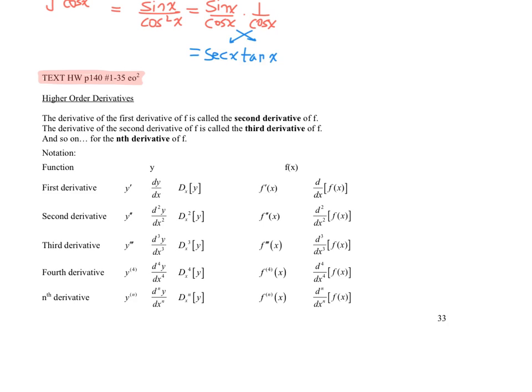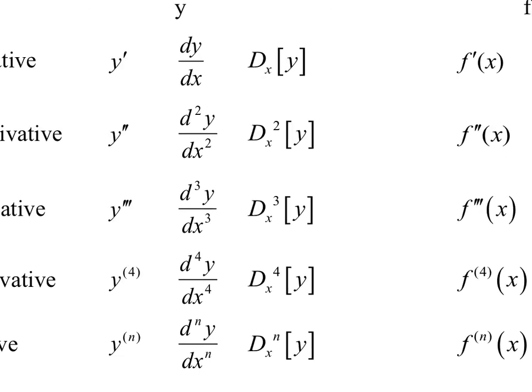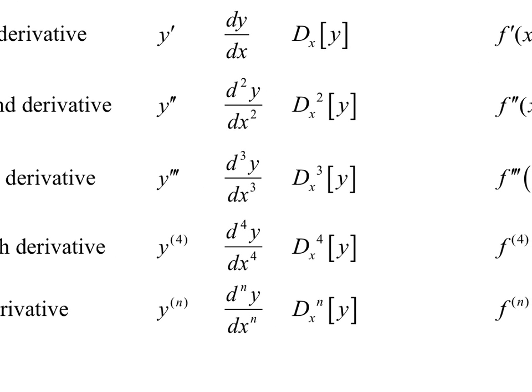All right, dy/dx, d2y/dx squared. That's a little weird because it looks like there's an inconsistency between the top and the bottom. It's like maybe there's a typo or something, but it's not. What this is saying is the second derivative of the function y per change in x per change in x.